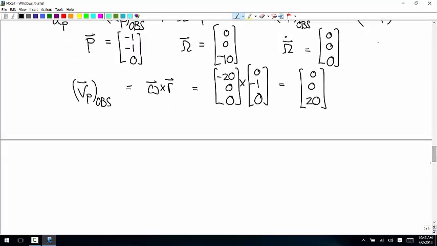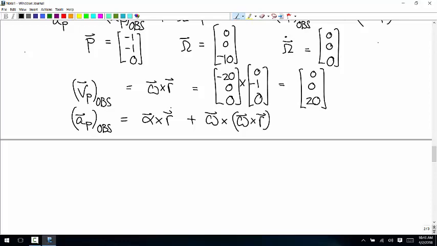Okay, now how do we calculate the observed acceleration? Yep, watermelon equation. So this is equal to alpha cross r plus lowercase omega cross quantity lowercase omega cross r. This one goes away because there's no alpha.